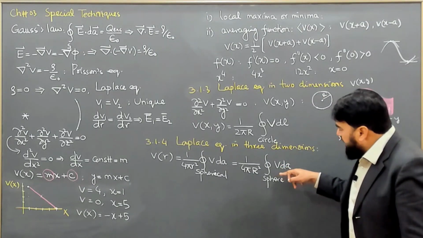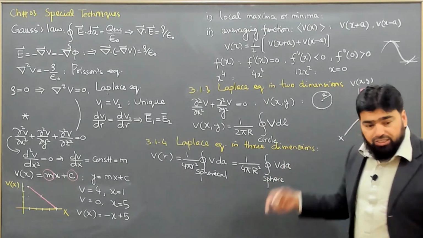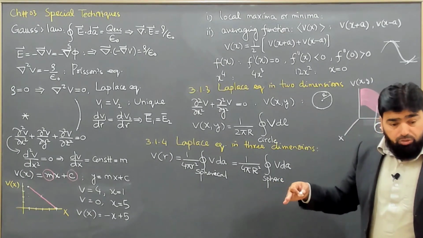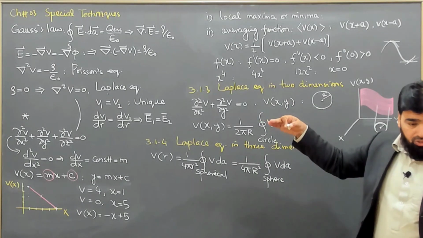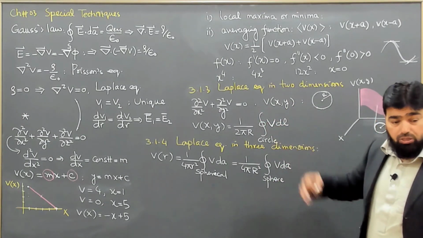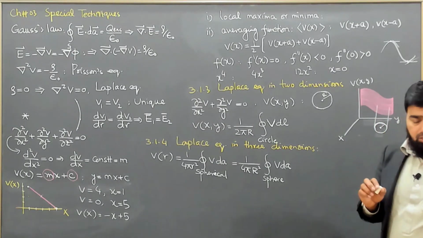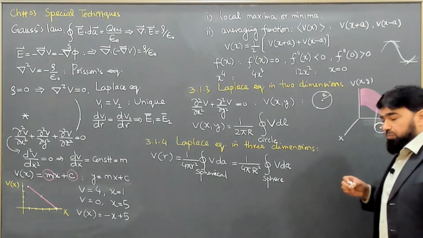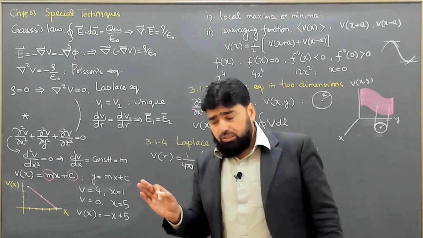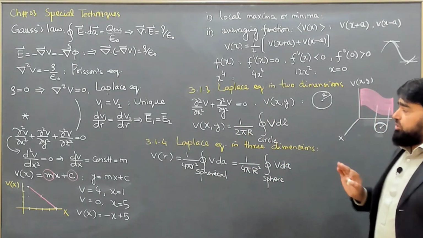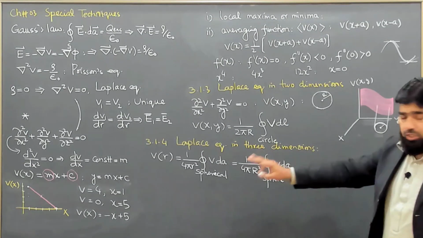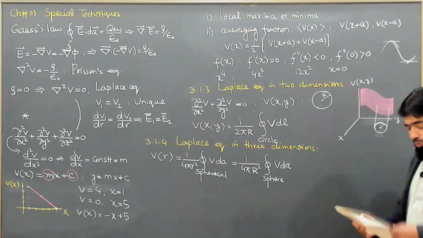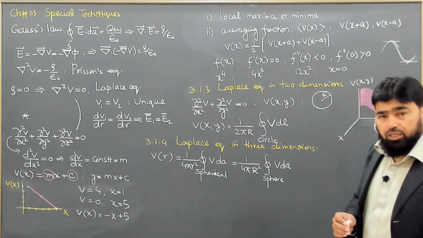The average value will be at the center of the sphere, while extreme values will exist on the boundaries. There will be no local maxima or minima, meaning no dip in the surface. So we are complying with what we said in 1 dimension and 2 dimensions, and now we will prove this in 3 dimensions as well.